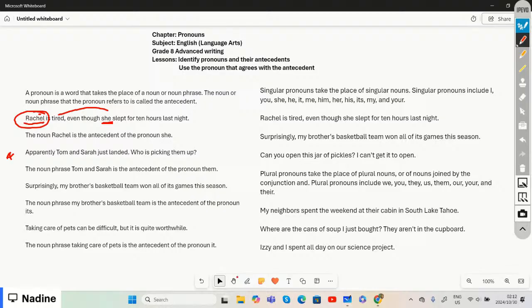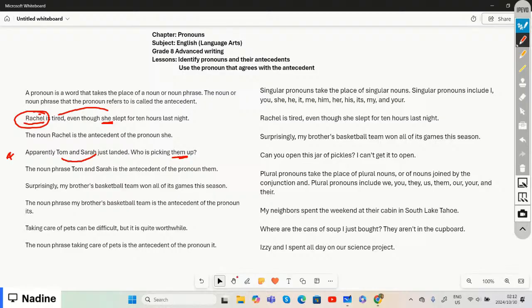If we look at that specific sentence, then our noun phrase is Tom and Sarah. And Tom and Sarah, which is the noun phrase, is the antecedent of the pronoun them. Them is the pronoun of Tom and Sarah.